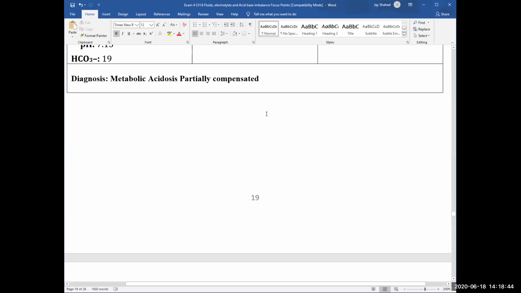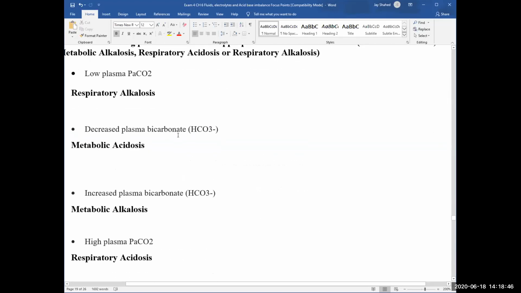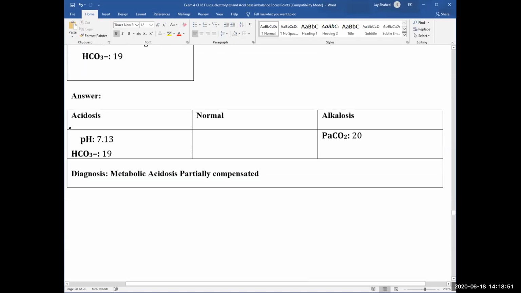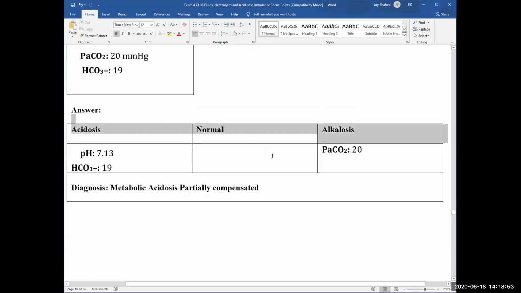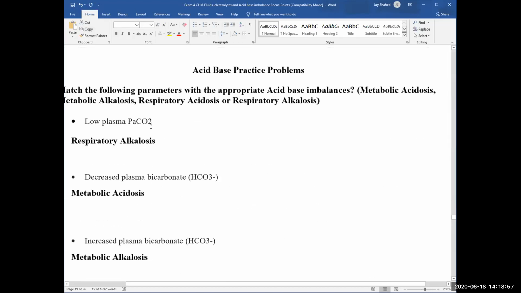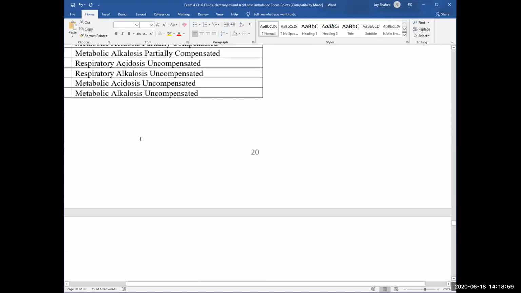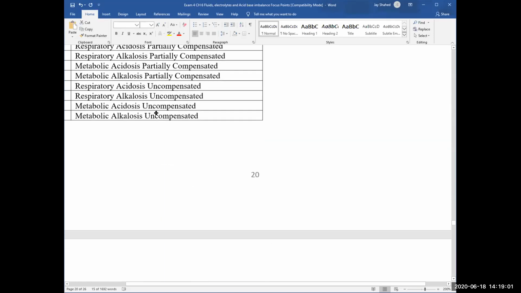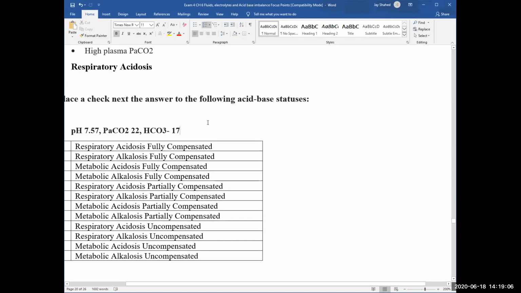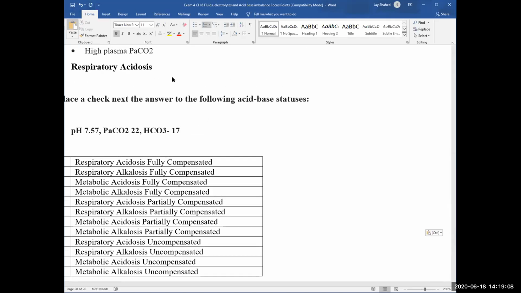So let's look at the next one, which is this one here. All right, so what do we have here? Let's just copy and paste here. This is the answer, so this is just choosing the answer automatically.